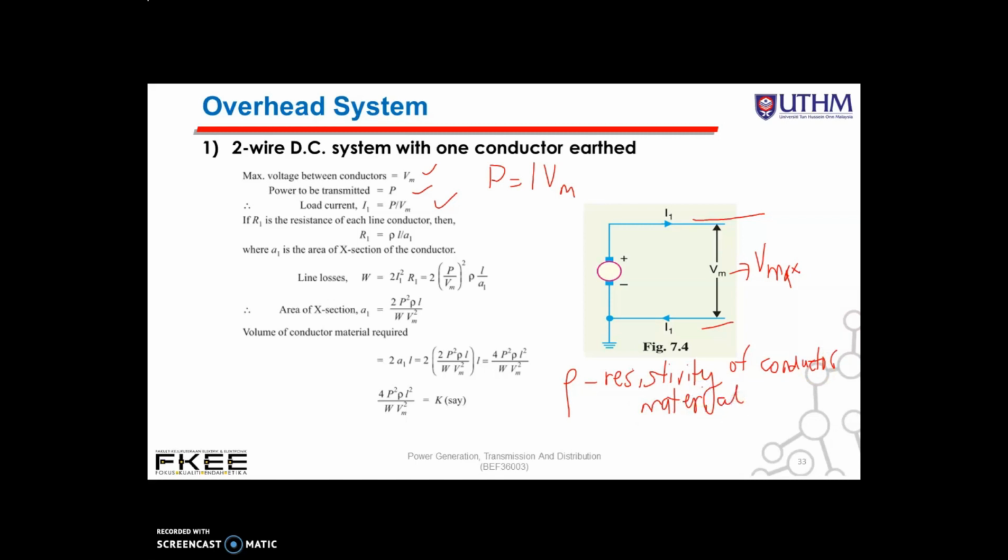L is the length of the line in meters. And A1 is the area of cross section of the conductor.